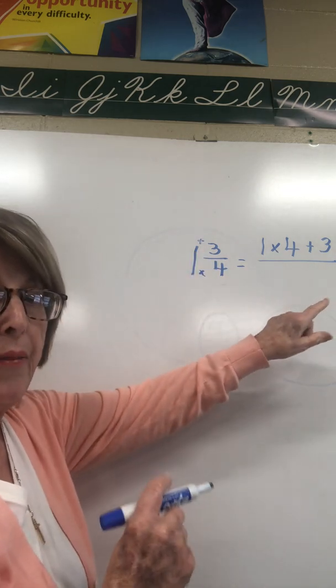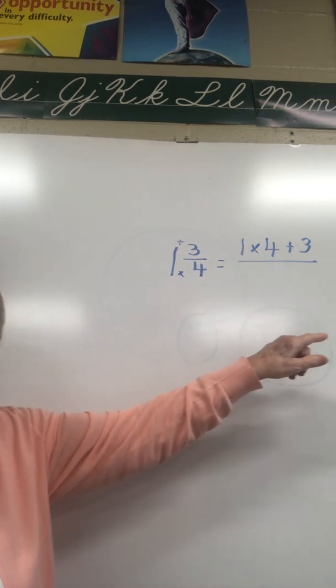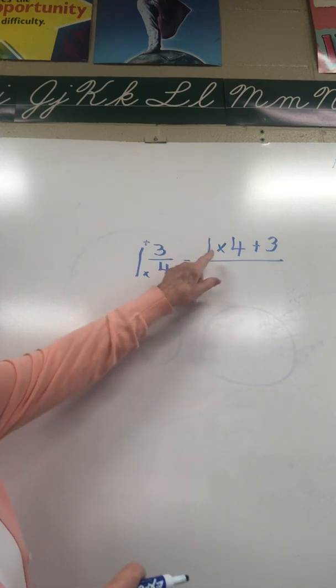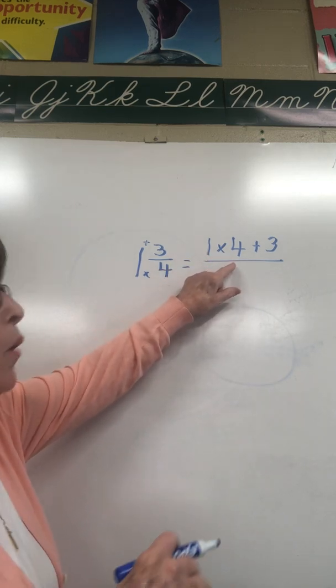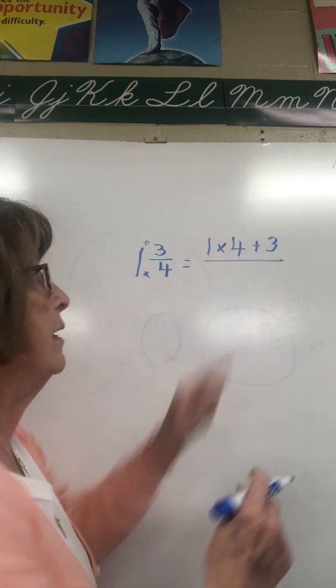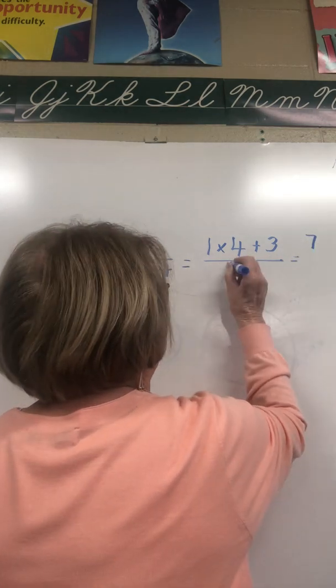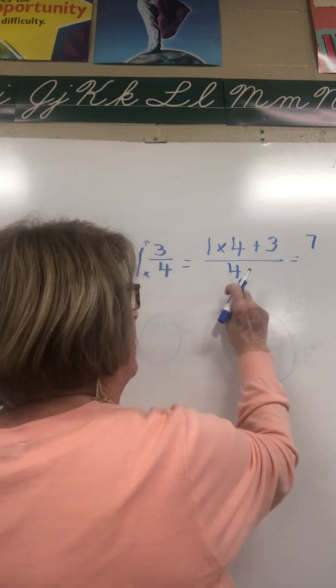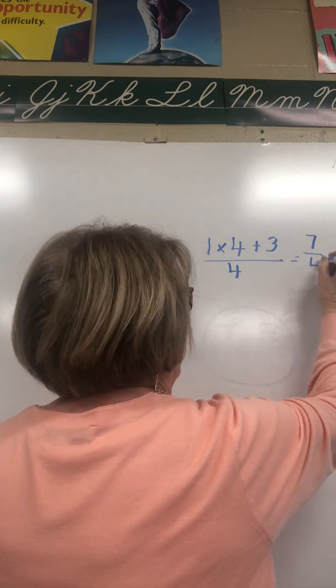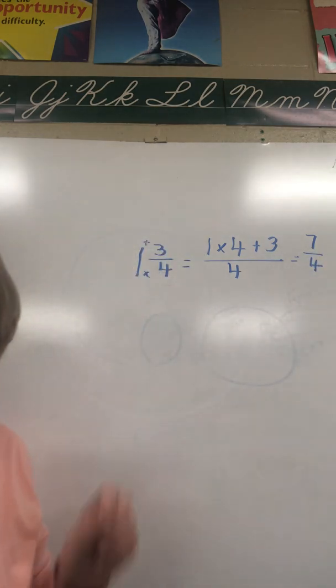Now let's do it together. 1 times 4 would be 4, plus 3 would give me what? 7. I'm going to place it over that same denominator of 4, so I would have 7 fourths.